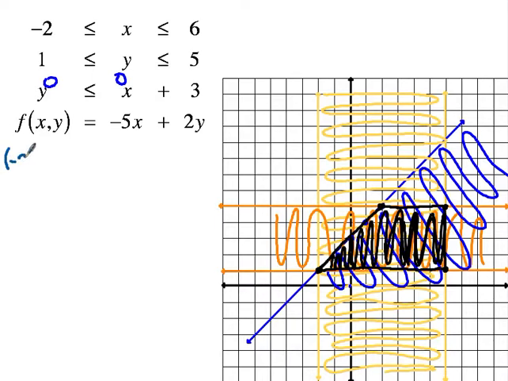Negative 2, 1. Okay, let's go for the top left. What are we at the top left? 2, 5. Yep. What would be another one? So we've done this one, this 5 one, and 6. 6, 1, and 6, 5, you said? Okay.